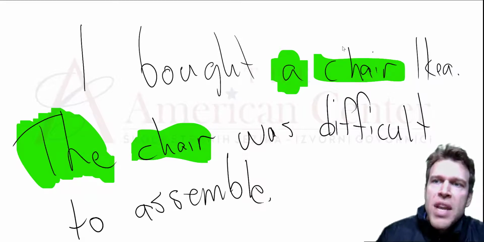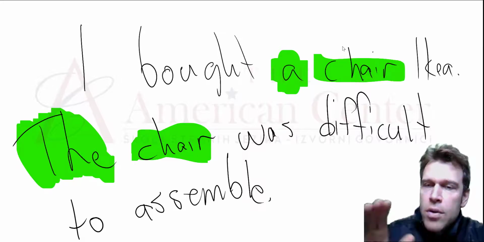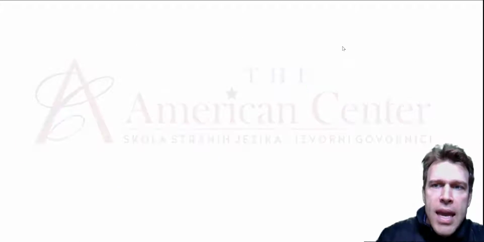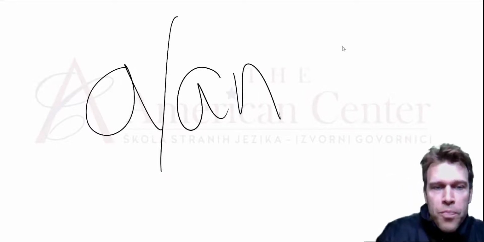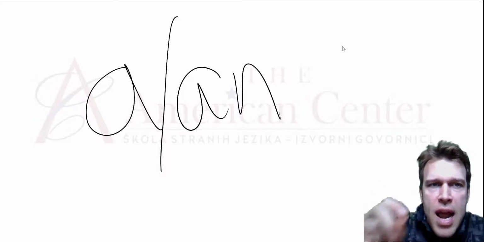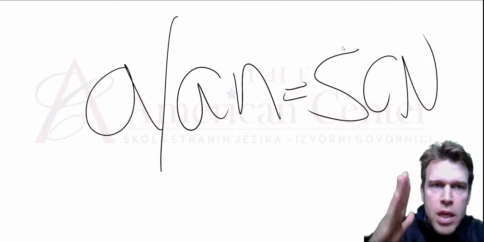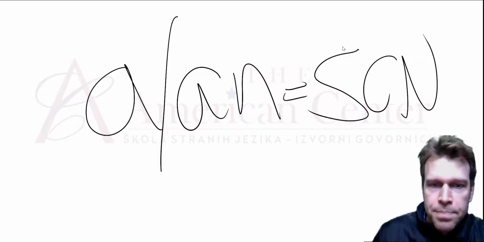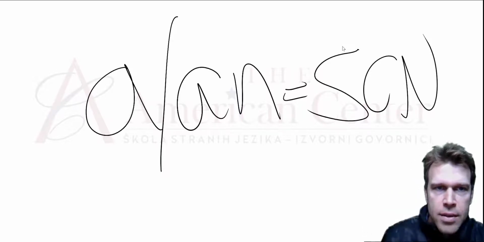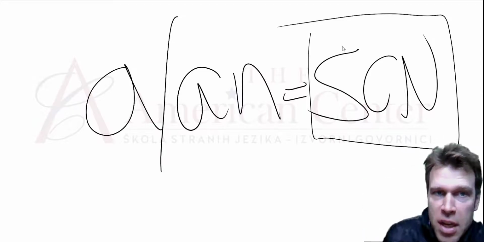Okay, so we never use a or an with any other noun type other than singular countable nouns, okay? They only go with singular countable nouns. Now, know that this is like a relationship, okay?